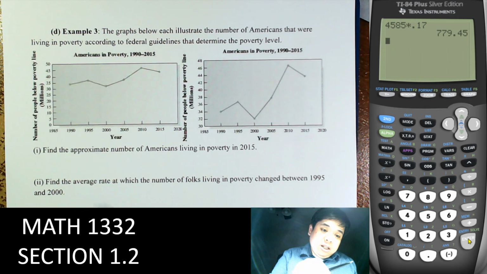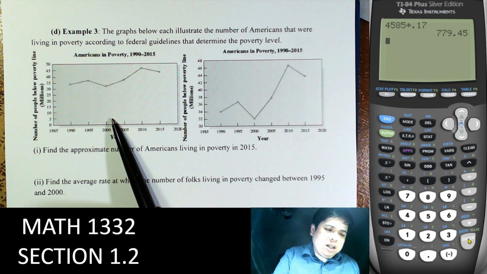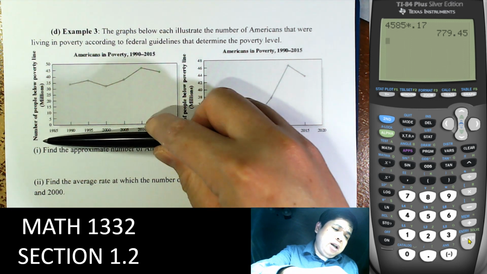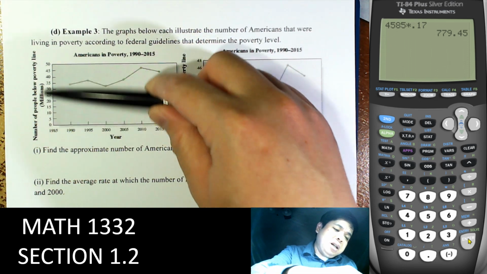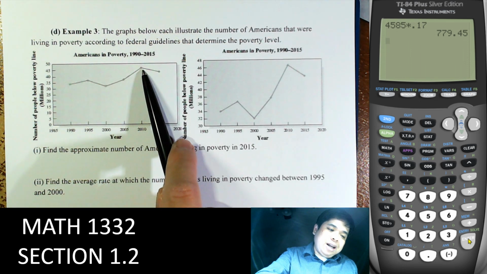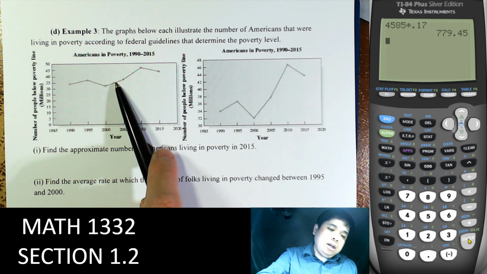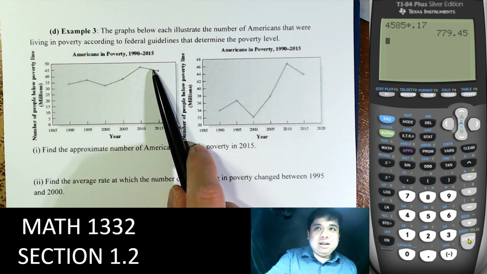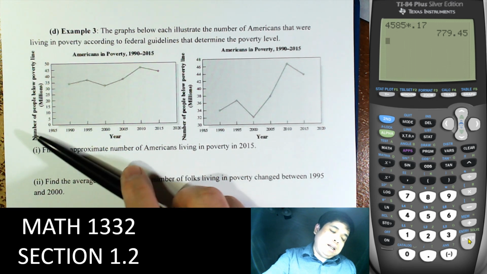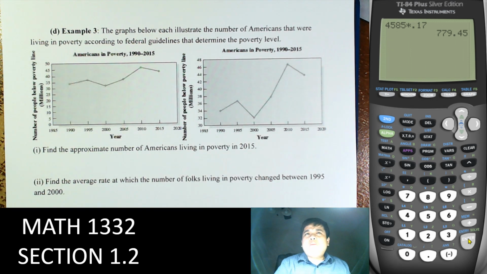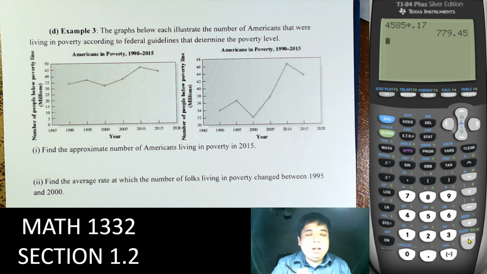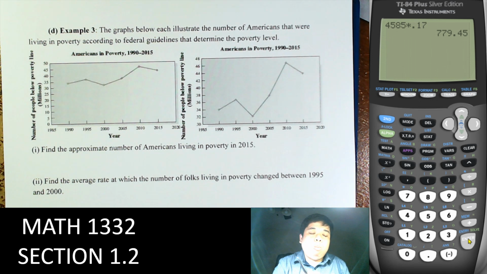However, if we look at this data, in terms of number of people in millions, well, that did not increase by much. It is increasing, yes, but not by much. And this is number of millions of people. So in a sense, it's not really all bad, even though we said the number of people living in poverty increased. But think about this, from 1990 to 2015, there will be more people. Therefore, there will be more people living in poverty.